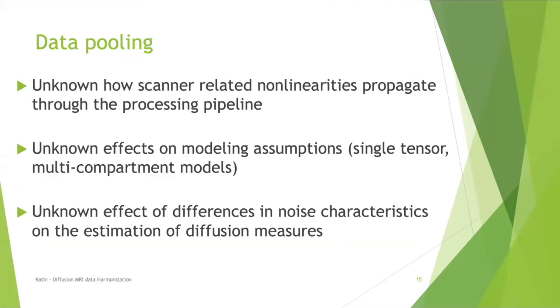I'll give one example of that going forward. Then also, we don't know how the modeling assumptions affect the harmonization or statistical analysis. And we also don't know the effect of noise characteristics from different scanners. There might be slightly different noise characteristics, and how do they play out for diffusion measures and during harmonization.